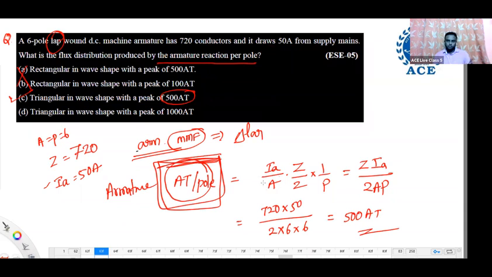Ia by A. You have to remember windings, lap and wave winding, otherwise you cannot answer. Current in each parallel path, current in each conductor, both are the same, that is Ia by A. Turn means Z by 2. How many turns? Turns formula is Z by 2 only. Per pole means divided by P. That is Z Ia by 2AP. That's it.